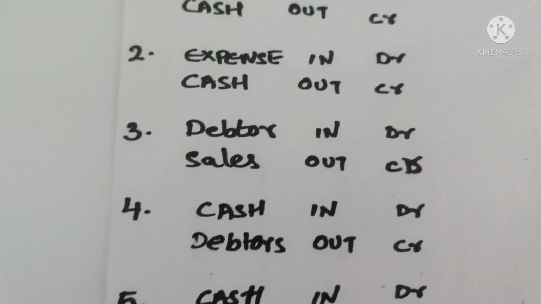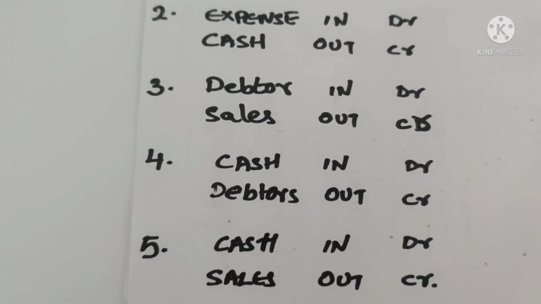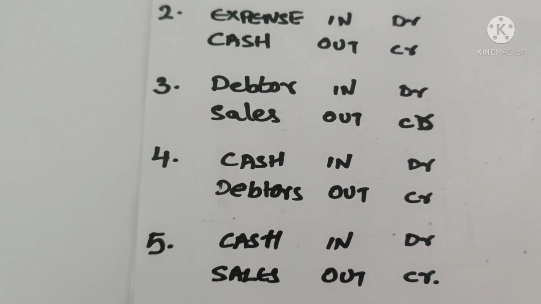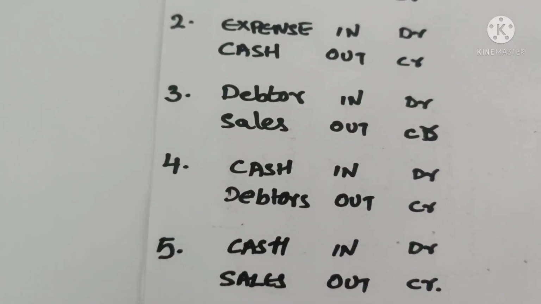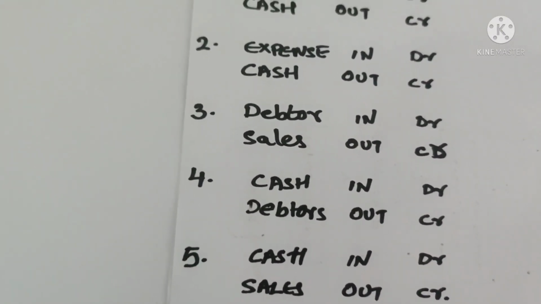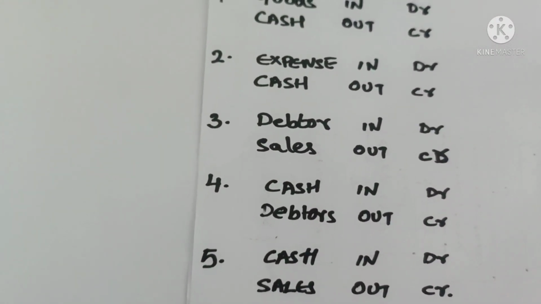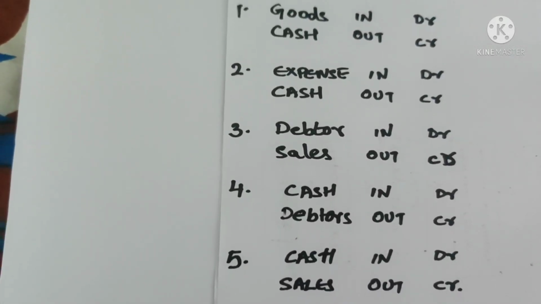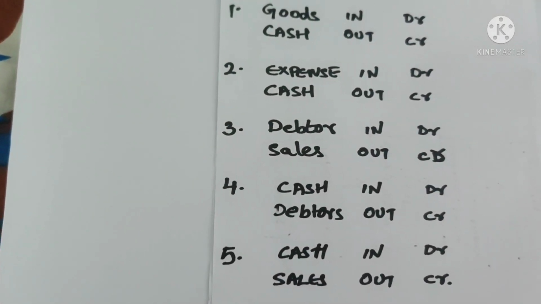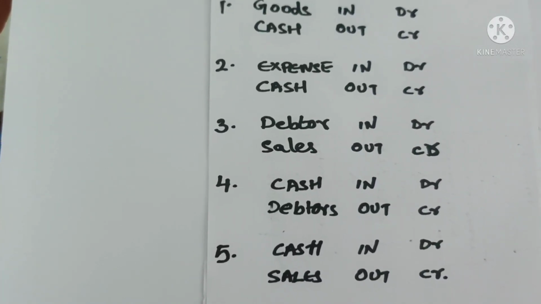And for fifth, cash in, sales out. So this is how you have to know for each and every transaction what is debited and what is credited. Once you know which account should be debited and which should be credited, it will be easier for you to pass the journal entry without any mistakes.